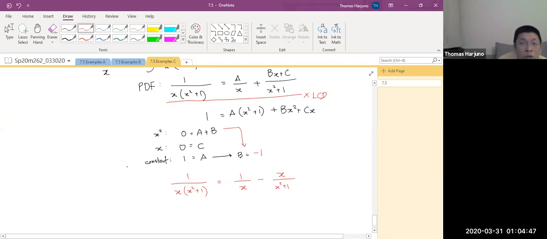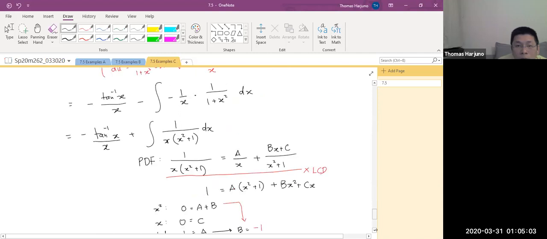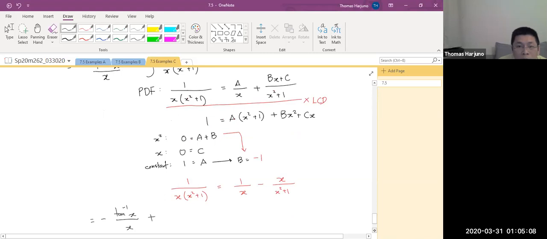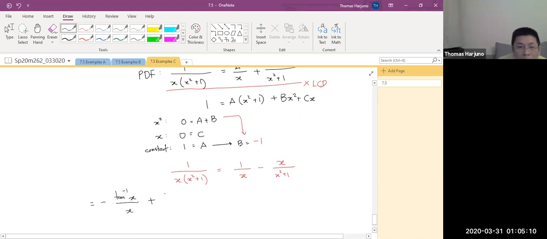Okay, so continue from that. The integral is negative tangent inverse x over x. That's the original question. Plus integral of 1 over x dx minus integral of x over x squared plus 1 dx.